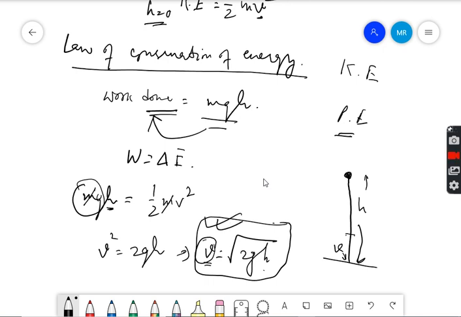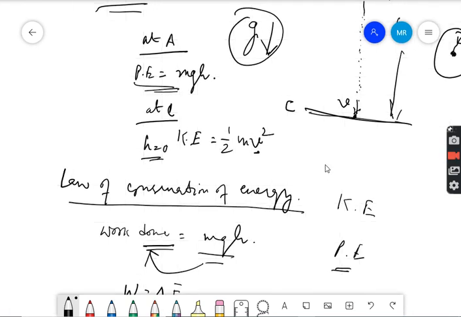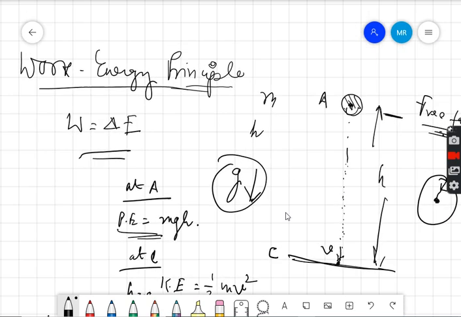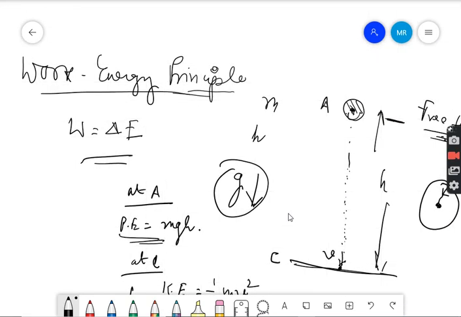This is very important for solving numericals. You can directly use this when asked to find the maximum height for a given velocity on hitting the ground, or to find the velocity of hitting the ground if the height is given. Understood?